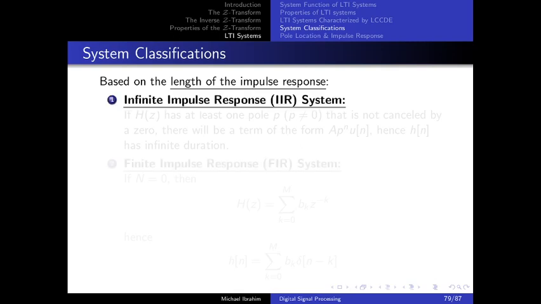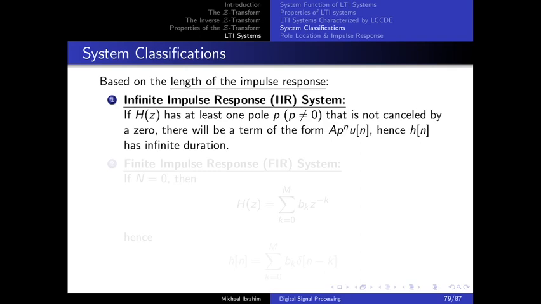So, infinite impulse response systems, or IIR systems, are systems that have feedback. Having feedback will result in having poles, and these poles will give you in the time domain a term of the form p to the power n u of n. Hence, the impulse response will have infinite duration.